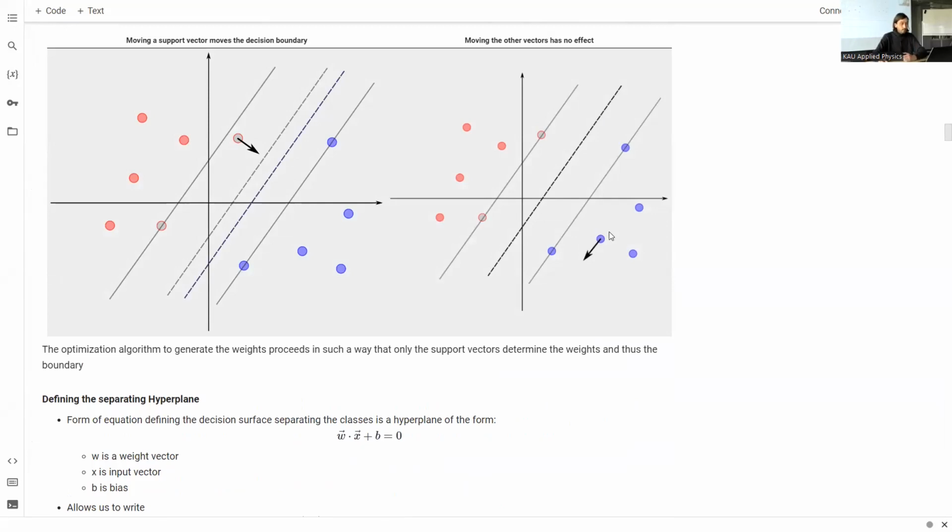Then something changes. But here, nothing will change. That's a really interesting part, because a support vector machine relies only on a small number of points that become support vectors. And that's basically the reason why you can use it on small data sets.